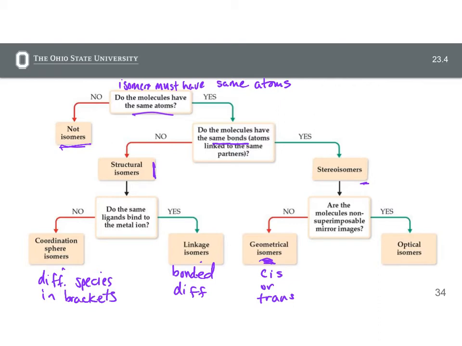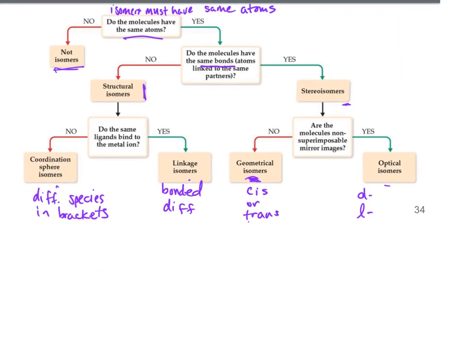But if the mirror image is superimposable on this molecule, then it's not an optical isomer, but it is a geometrical isomer. Okay. So optical isomers are going to be labeled as D or L, or R or S is also used, referring to the way that those isomers rotate light.